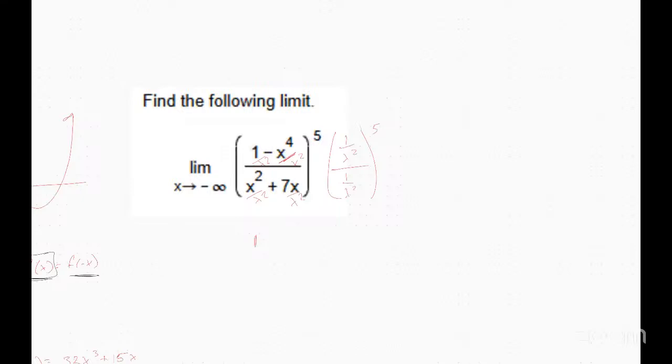That's okay. So it's 1 minus x squared all over 1 plus 7 over x, right? Wouldn't the one on top also be 1 over x squared? Yeah, 1 over x squared. Thank you. Okay. Right.